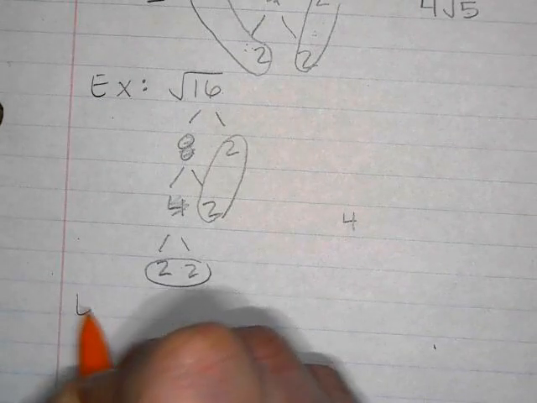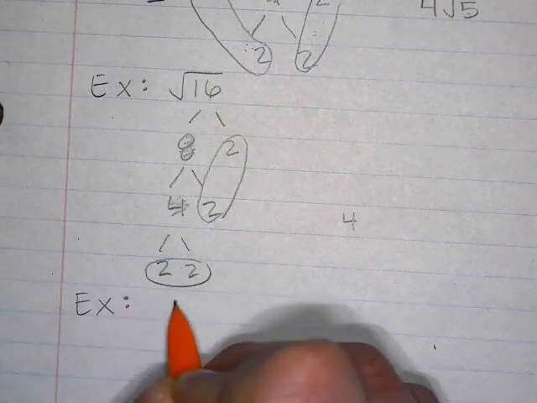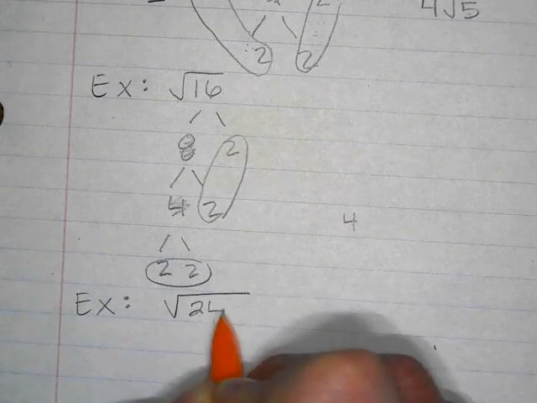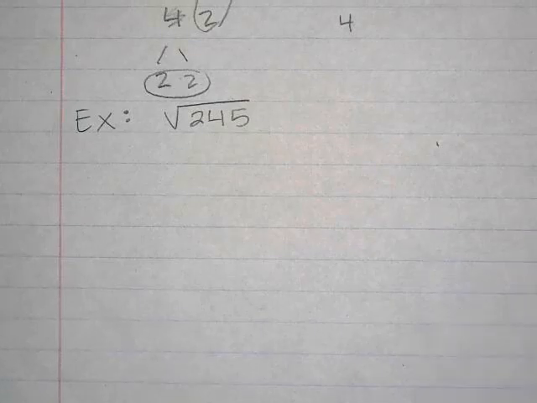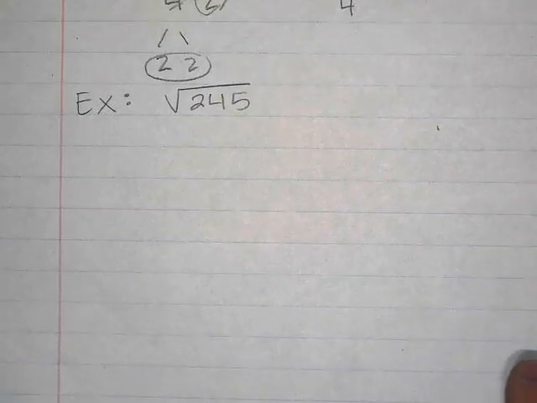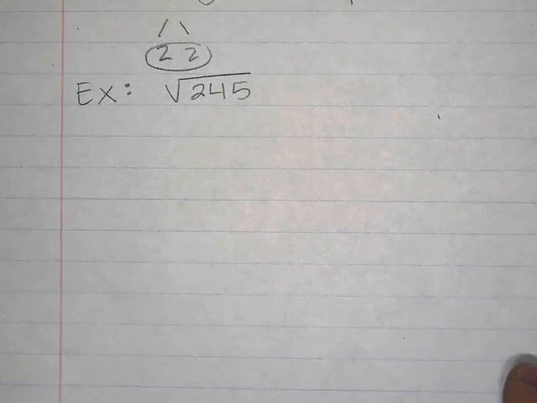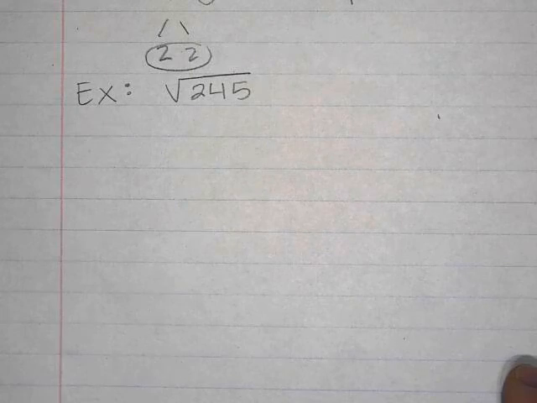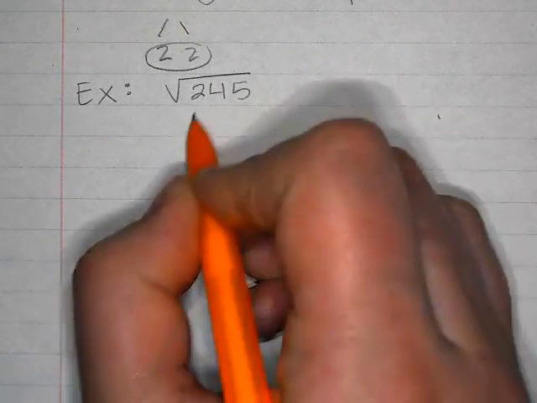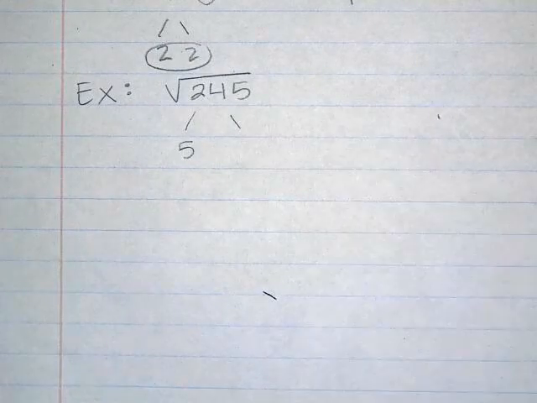Okay, square root of 245. How are we going to break this one down? What number do you definitely know goes into it? 5. Okay, so I'm going to do 5 times something. I'm going to use my calculator to kind of help me out with that.